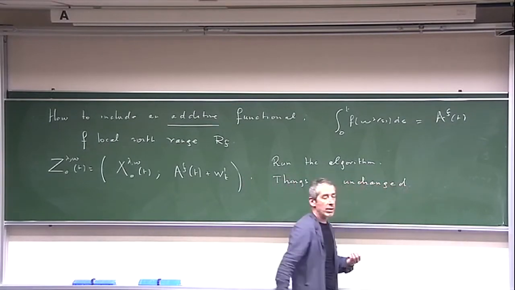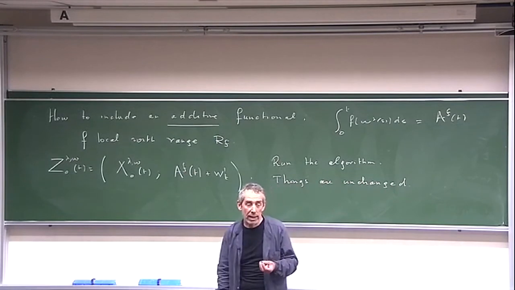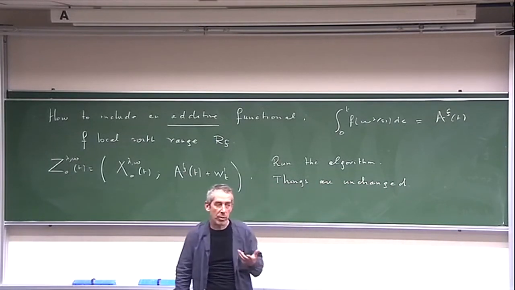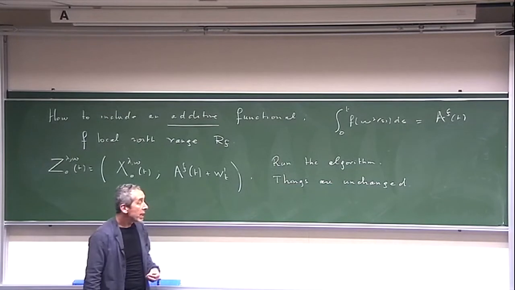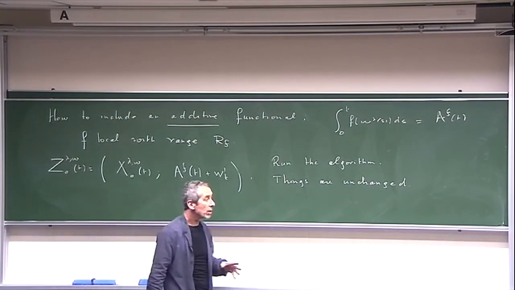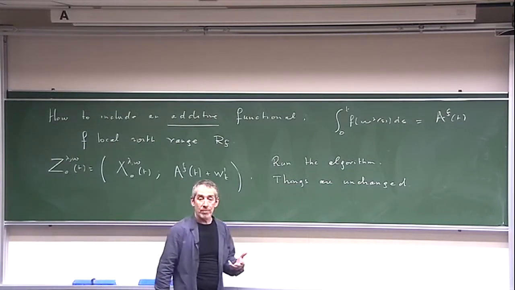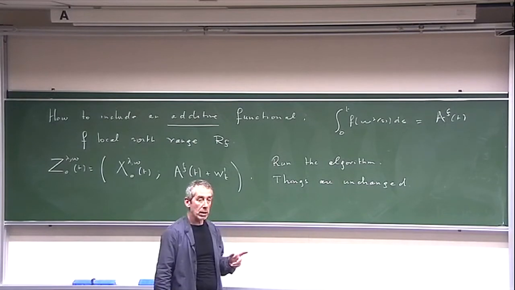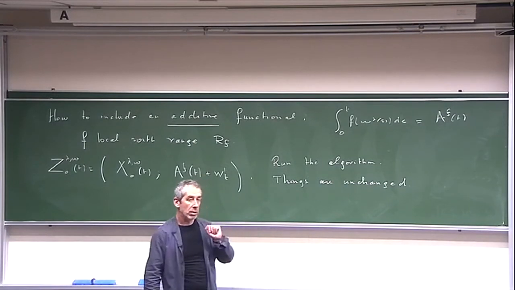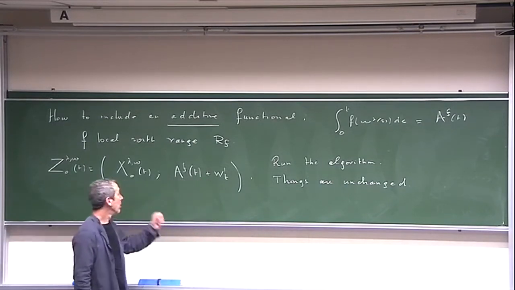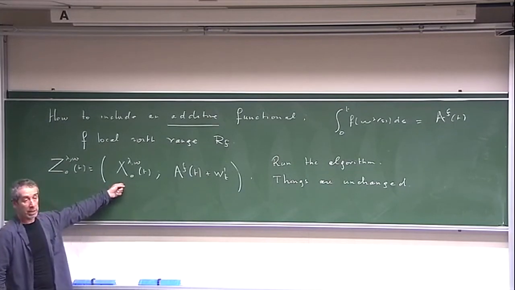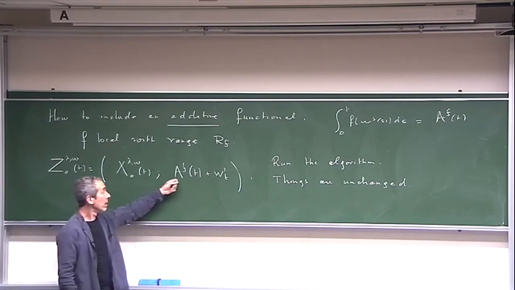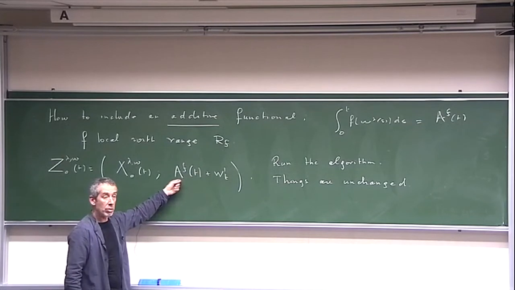Actually, the algorithm doesn't change, except that you have the ball in R^{d+1} instead of the ball in R^d. But what will be changed is the condition on delta. Because we need an Aronson bound, but we need an Aronson bound for that process, and the Aronson bound now depends also on the last component.